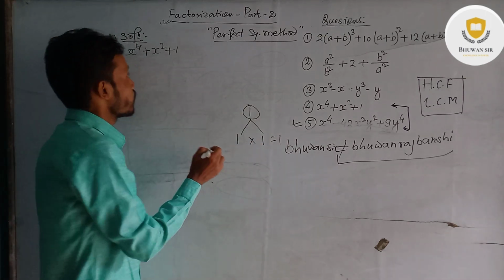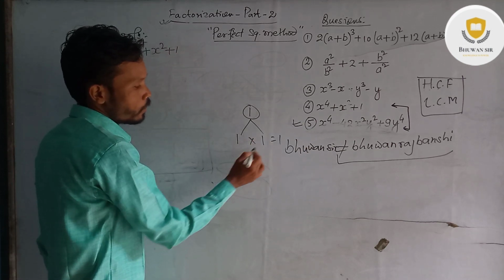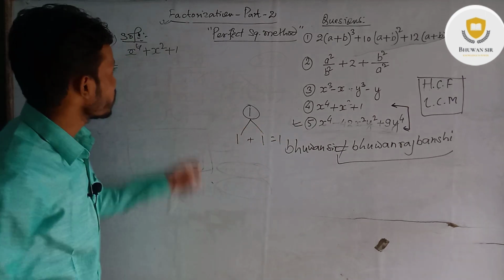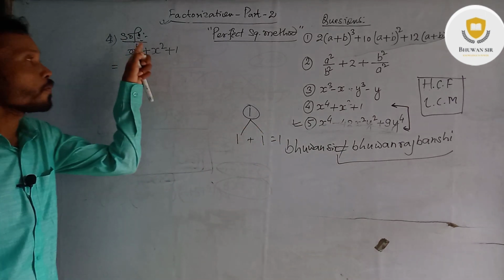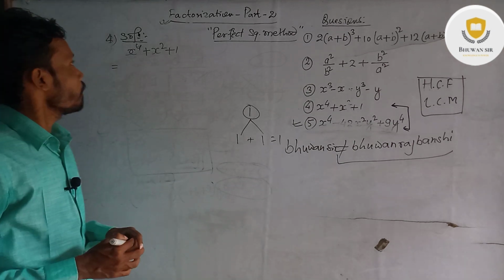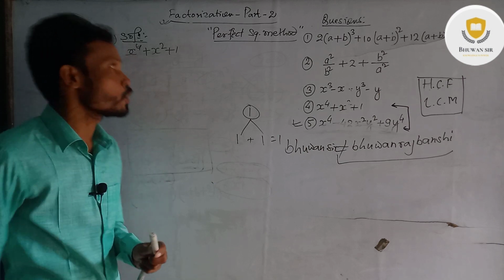You have only one option. Now by adding, can you get, in between these two 1s, if you write a plus sign, it will be 2. That means we can't find the middle term.